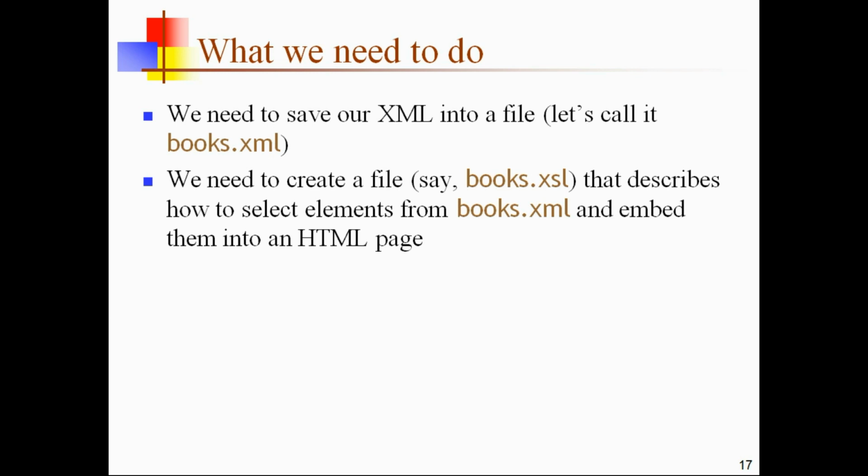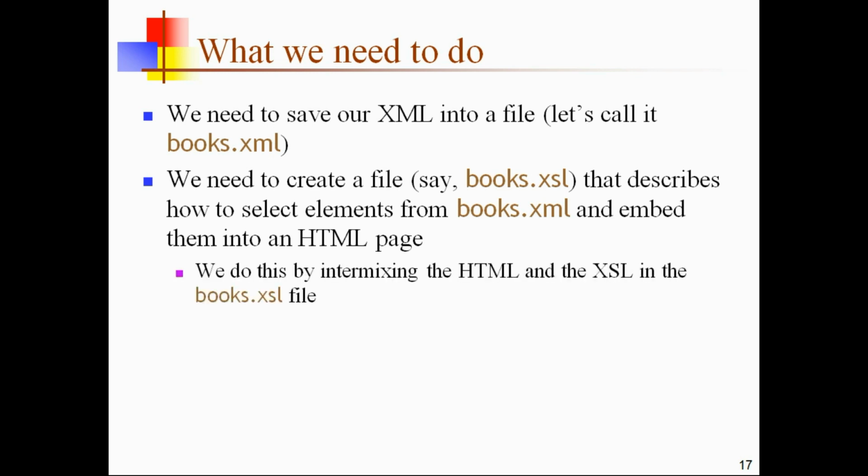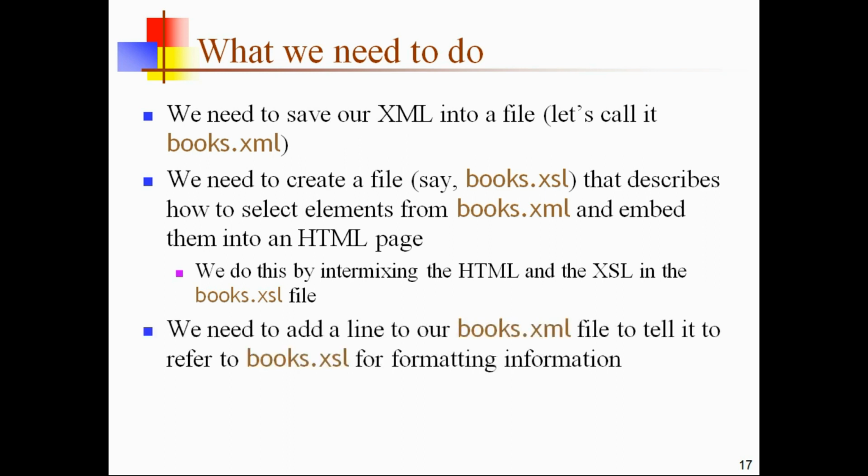We need to do this by intermixing the HTML and XSL in the books.xsl file. And we need to add a line to our books.xml file to tell it to refer to books.xsl for formatting information.